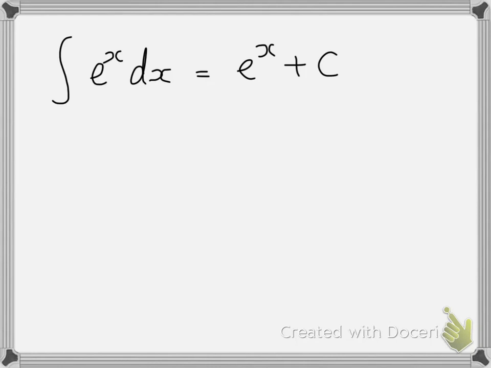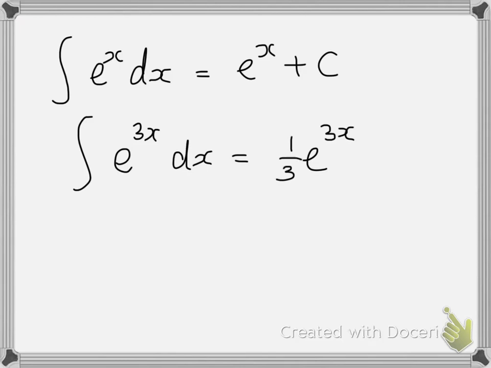Okay, so more complicated would be, let's say, e to the power 3x dx. So what would this be? Remember, you differentiate e, you get e. You integrate e, you also get e. It's not a 3 down, but it is 1/3. Again, you're not sure, right?